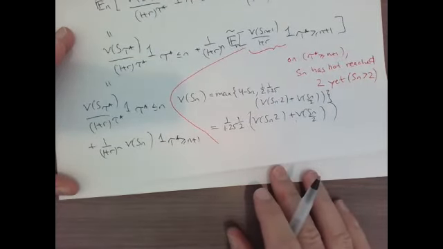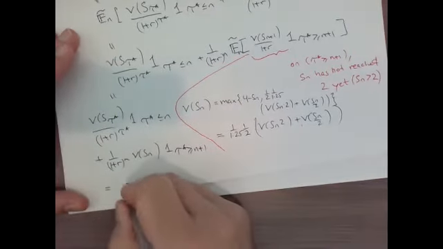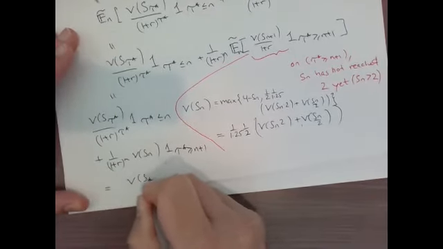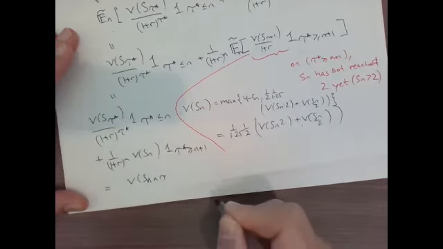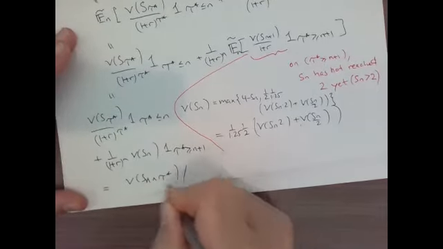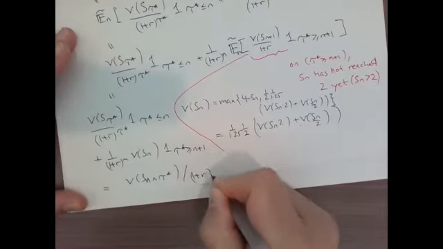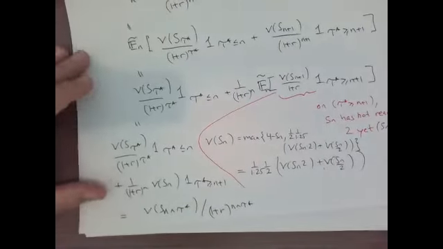We can write this as v of S n min tau star divided by 1 plus R n min tau star. And that's what we set out to prove.